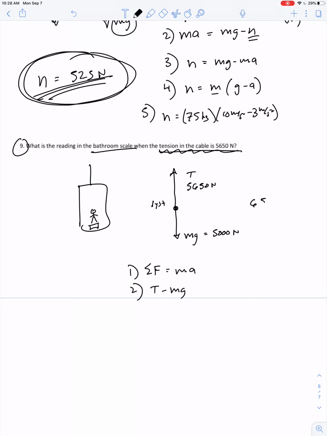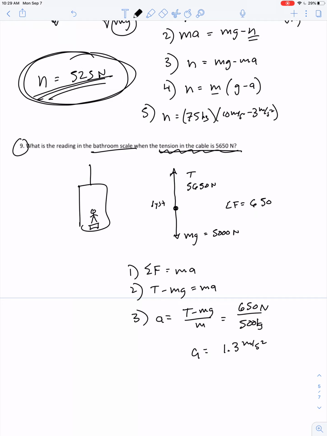Of course, we know that's just 650 newtons. So our acceleration is T minus mg over m. So this is the 650 newtons of net force divided by the 500 kilograms of the mass of the whole system. So 650 over 500 gives us an acceleration of 1.3 meters per second squared.